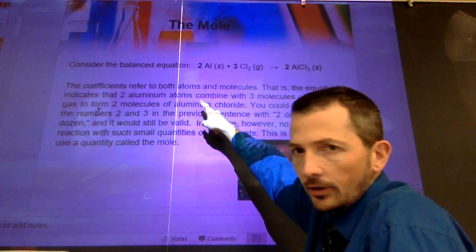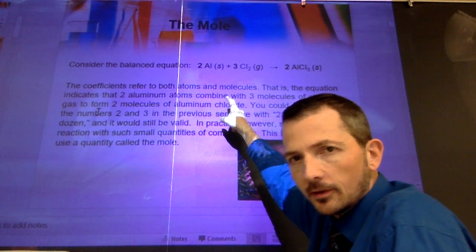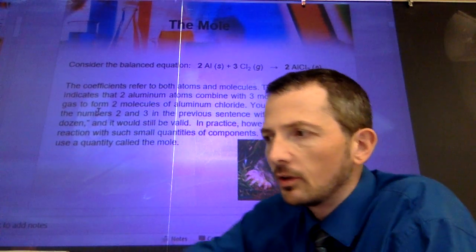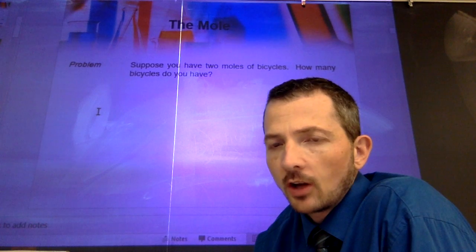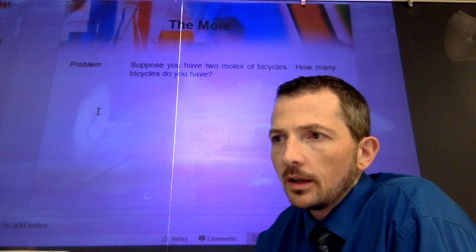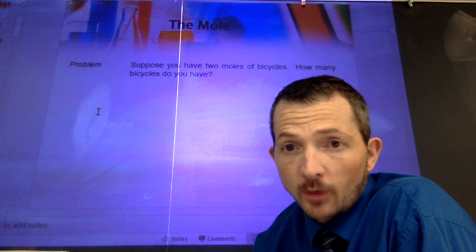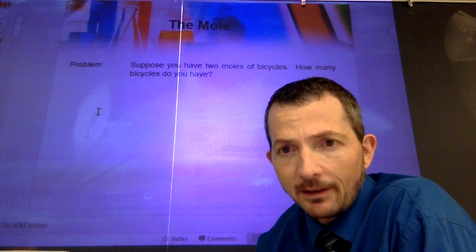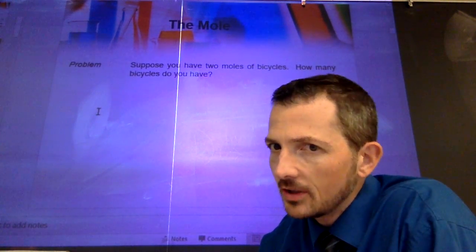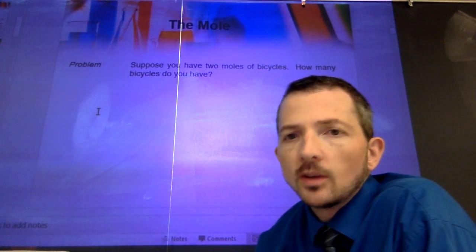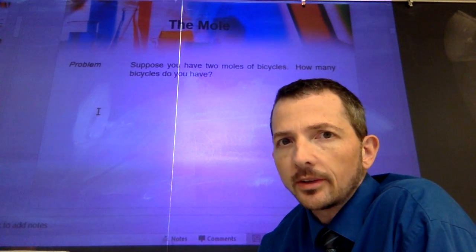So 2 moles of aluminum reacts with 3 moles of chlorine to give 2 moles of aluminum chloride. And Avogadro's number is, if you have 1 mole of anything, you have Avogadro's number of that substance, just like if you had a dozen of anything, you'd have a dozen of that substance. So we can use this as a conversion factor.